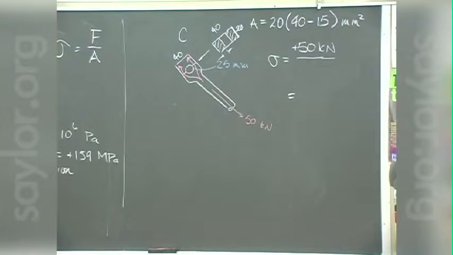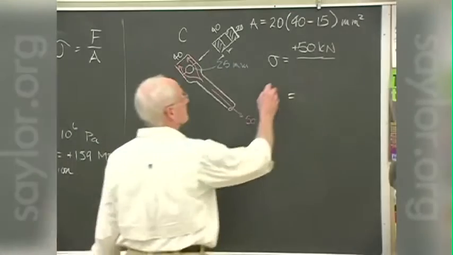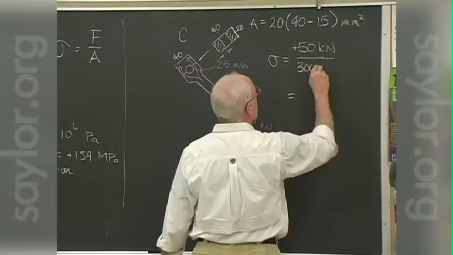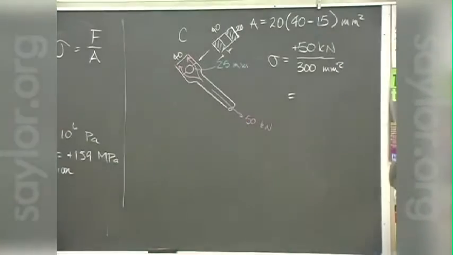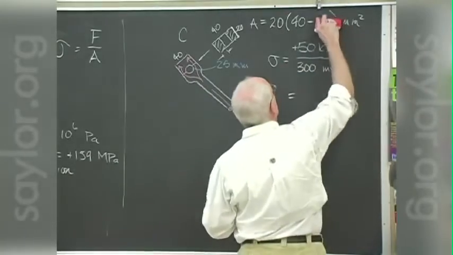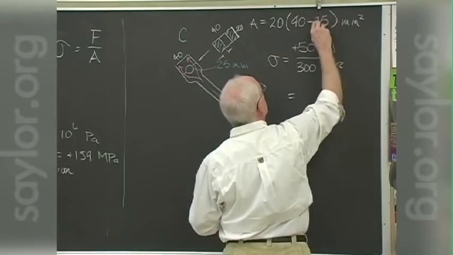Okay, so 40 minus 15 is what, 25 times 20 is 500. That's still not right. Isn't it 40 minus 25? 300, I meant. No, okay, that's right, now we're okay. Yeah, 40 minus 25, 15 is the result.